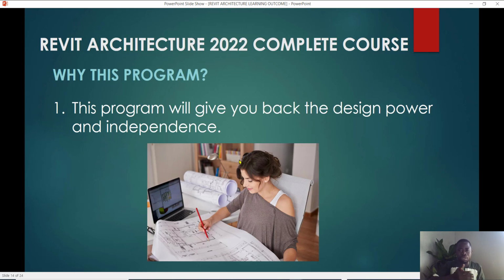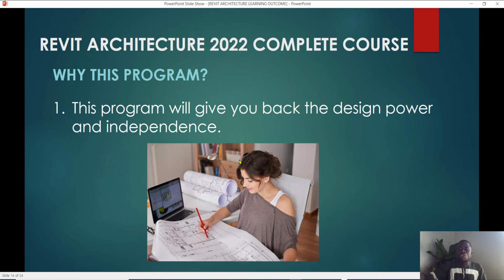So let's zoom in straight to the reason why this program was built. One, this program was designed to give you back your design power and independence. Look, the fact that you have engaged people to support you with your drawing is not because you can't do it, and not because you are forever dependent on them.